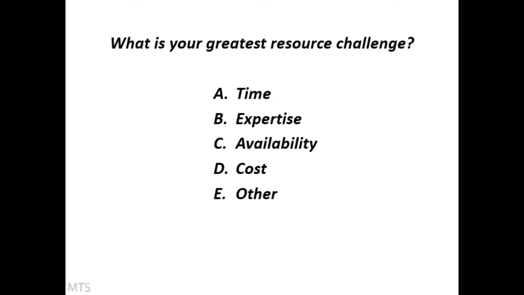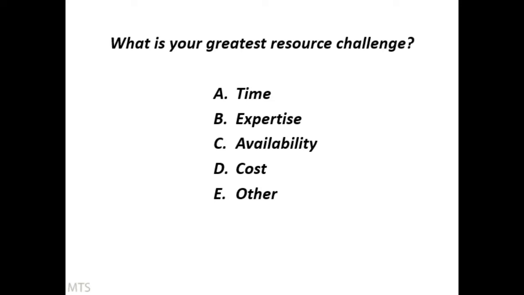We have some expertise, but I think time is coming up as the biggest one. Well, that's very reassuring from the point of view of my audience that cost hasn't immediately come up as the biggest one. Oh, we've got one. Okay, so there's a bit more. I'll just wait for a few more responses and then I'll show you what we've got.